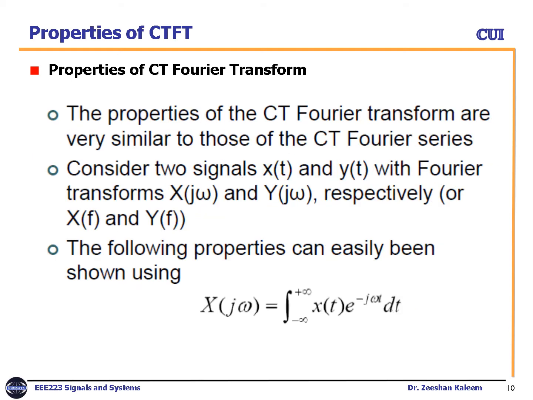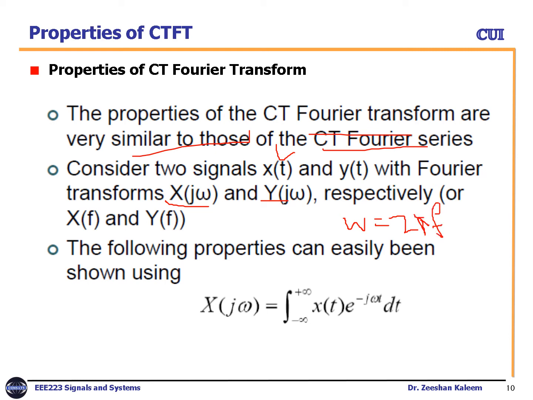The properties of the continuous time Fourier transform are very similar to those of the continuous time Fourier series. For example, consider two signals x(t), y(t) with Fourier transforms X(j omega), Y(j omega) respectively. You can write that in the frequency domain as well. Omega and frequency are the same thing, as you know omega is equal to 2 pi f.